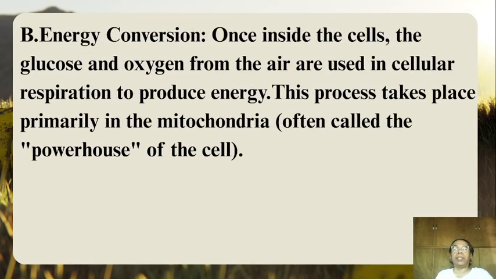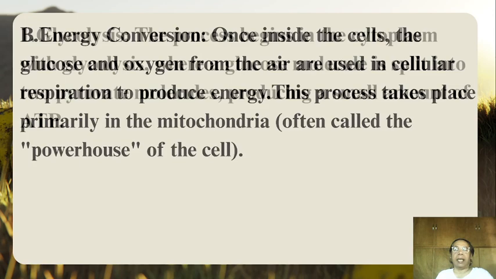Energy conversion. Once inside the cells, the glucose and oxygen from the air are used in cellular respiration to produce energy. The process takes place primarily in the mitochondria, often called the powerhouse of the cell.